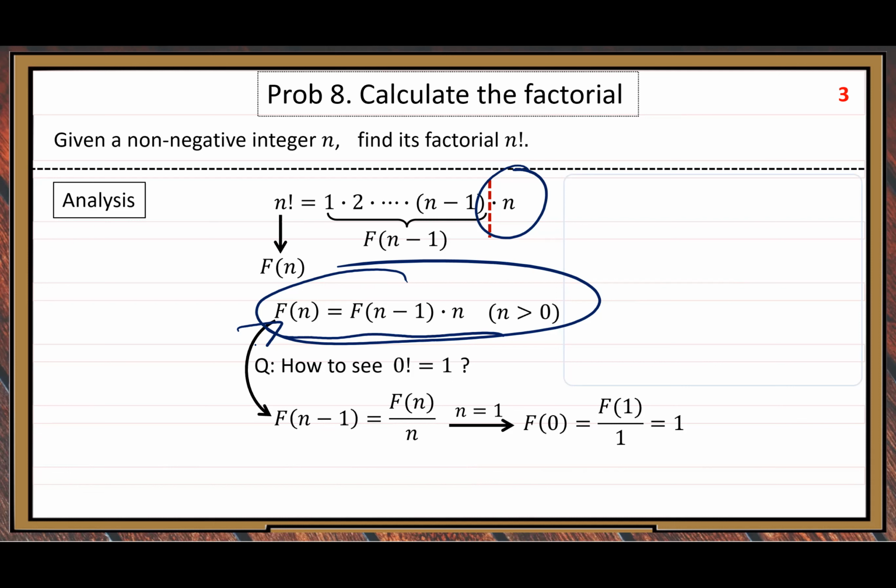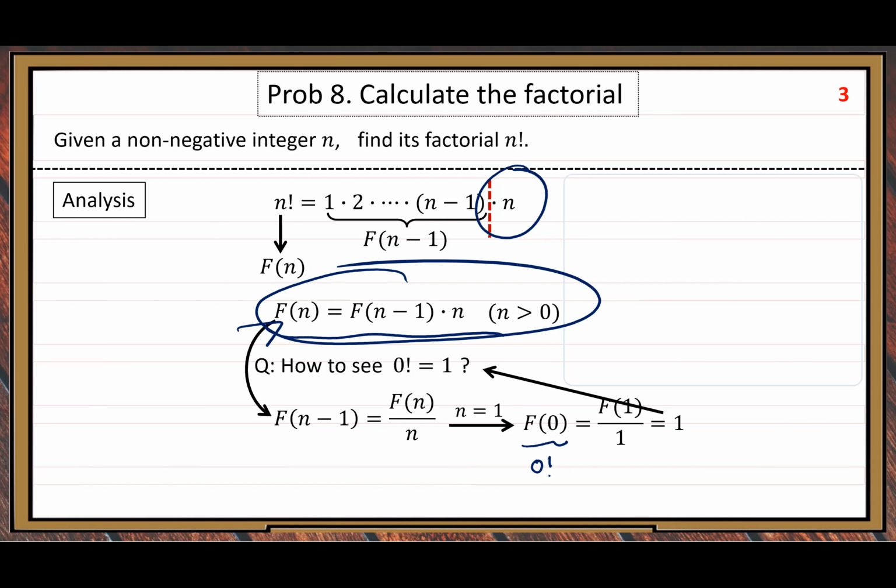1 factorial is 1, no question here. 1 over 1 is 1, but f of 0 is 0 factorial by definition. Based on this formula, it must be equal to 1. The formula tells us it cannot be anything else.